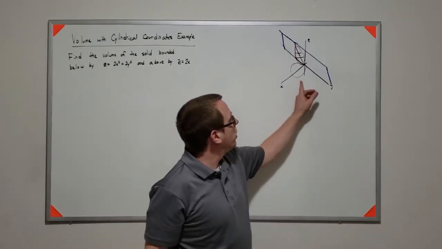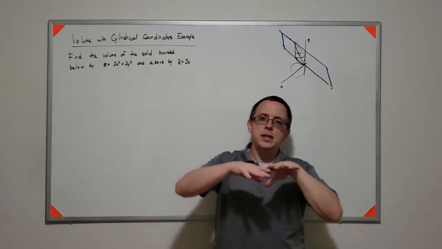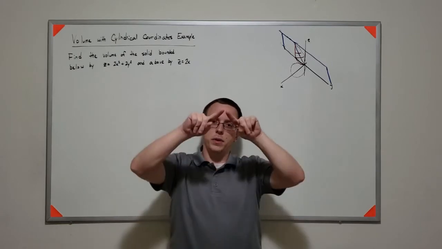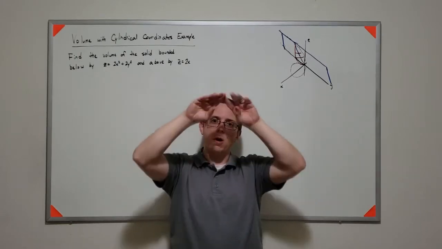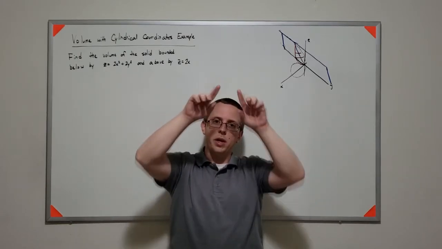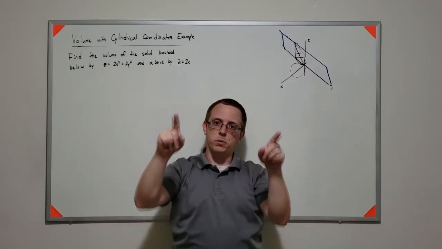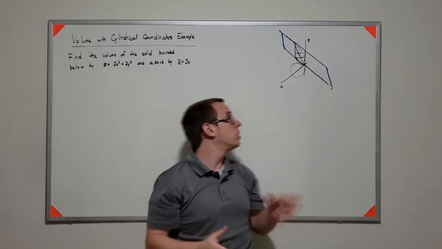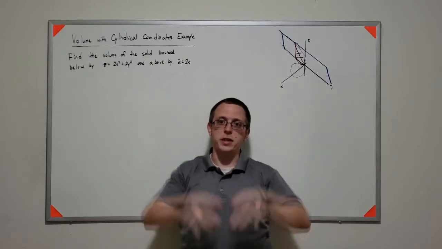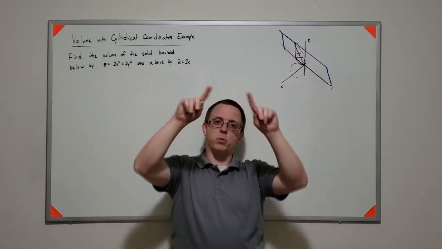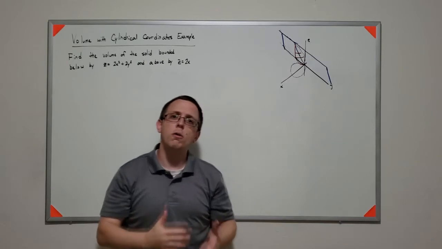And then there's this purple area, which is the projection of the intersection. Where the paraboloid intersects the plane, you're going to find the projected area is a circle, but it forms some sort of boundary region. So we have to solve for all of these things.